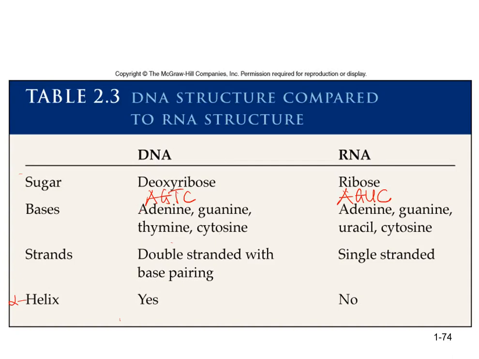Your teacher can ask, what is the difference between DNA and RNA? Just say DNA has deoxyribose, RNA has ribose. DNA has thymine in its bases, while RNA has uracil in its bases. That's where the only difference is. DNA is double-stranded, RNA is single-stranded. DNA has alpha helix, RNA does not have alpha helix.